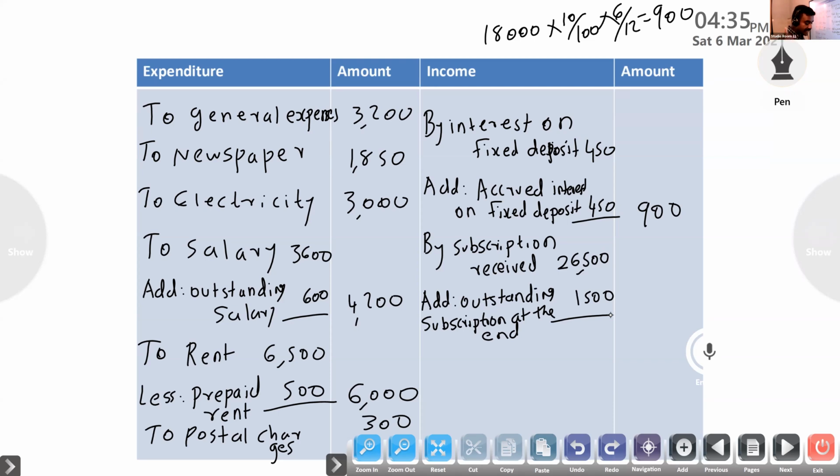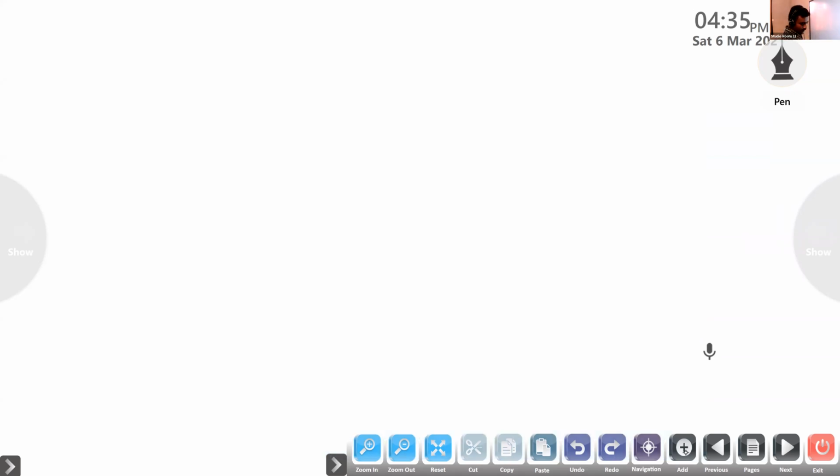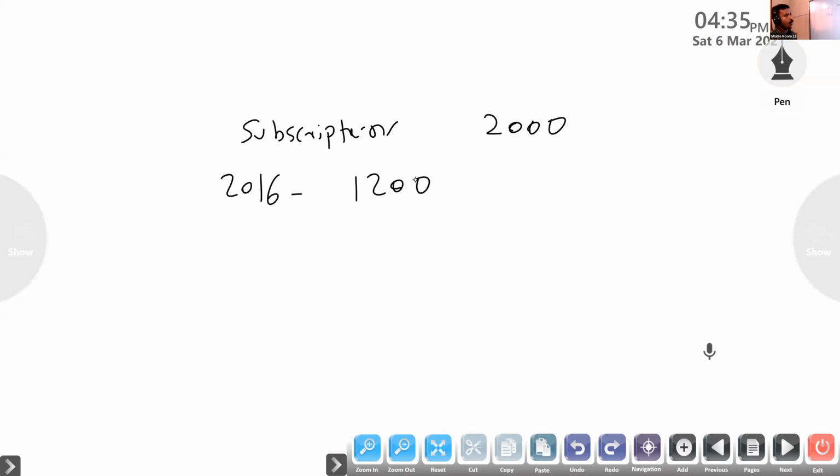But in the receipt and payment account, last year's subscription we received this year. Suppose 2,000 is given as outstanding subscription at the beginning. Then in the receipt and payment account, this year we received last year's subscription 1,200. If it is given, it will not come in income and expenditure.